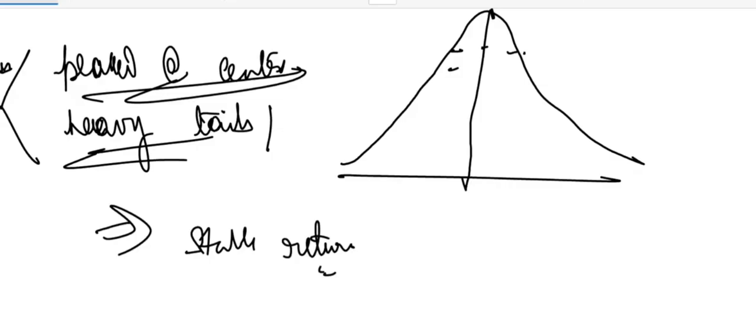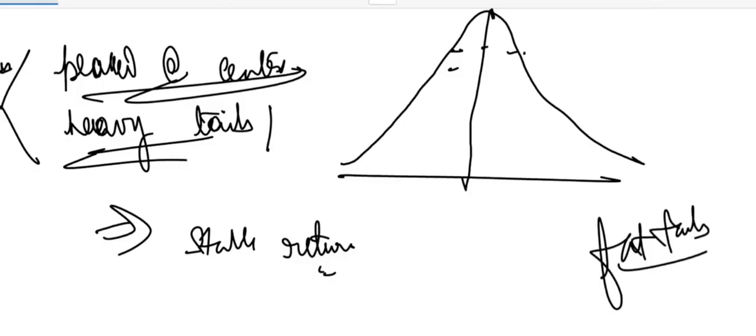Think of it like this: most of the time you are driving on a smooth road at average speed, but occasionally you hit a huge pothole or a speed bump that shakes everything. That is a fat tail. It is quite rare, but extreme outcomes.